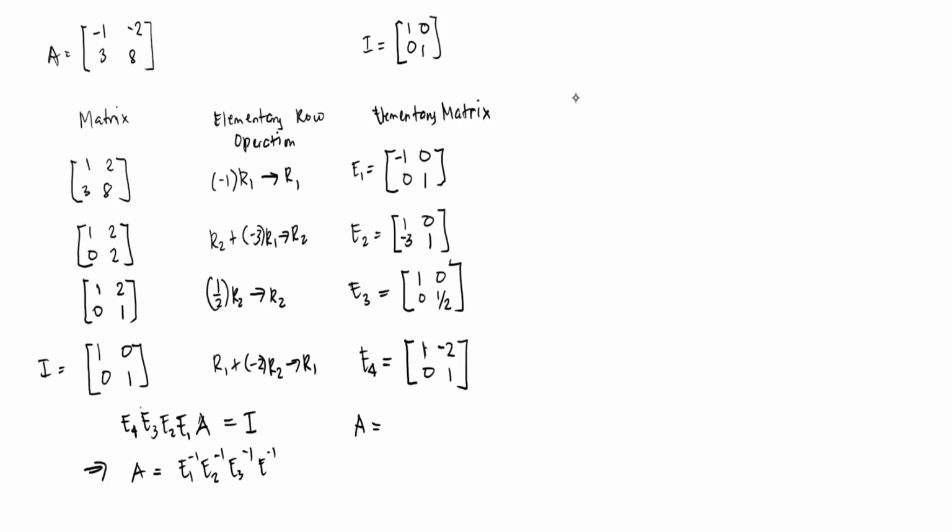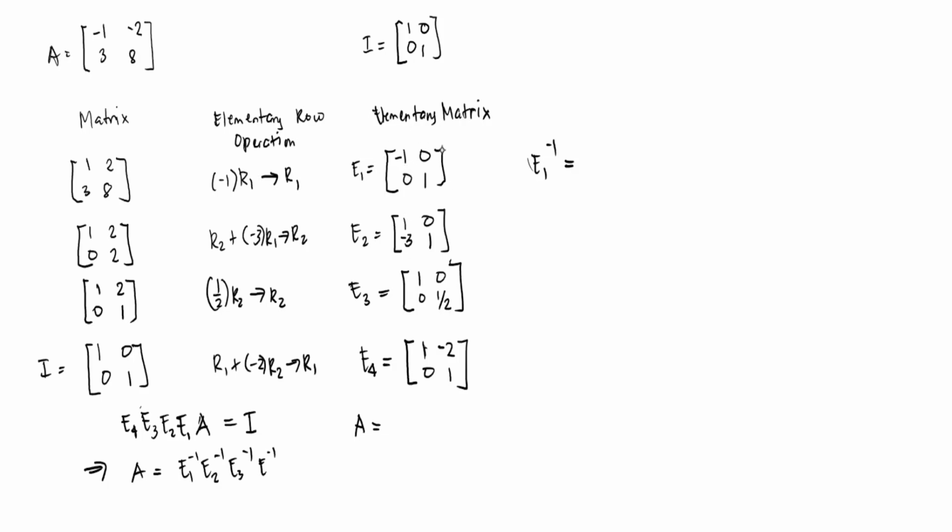So let us see if we will get A if we multiply the inverses. By the way, if we want to get the inverse of these elementary matrices, let us take E sub 1. What we want is the inverse, so we will just apply the elementary row operation to the elementary matrix that will convert it back to the identity.